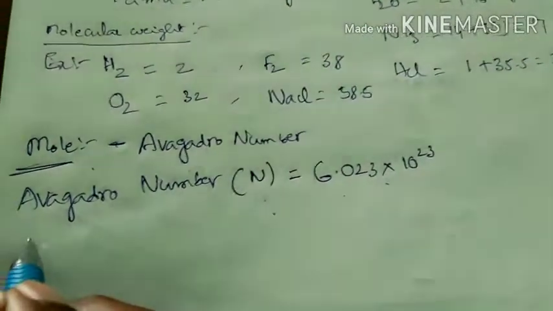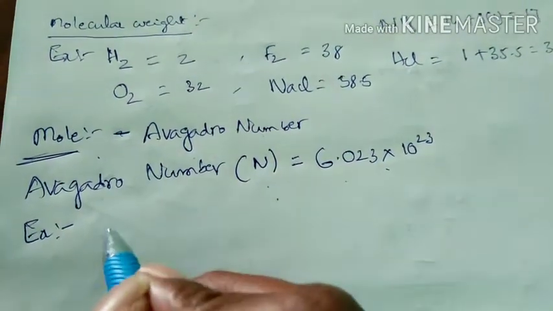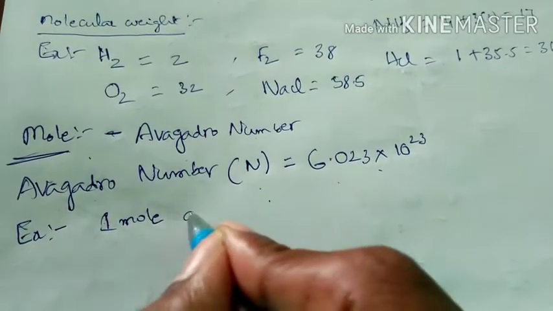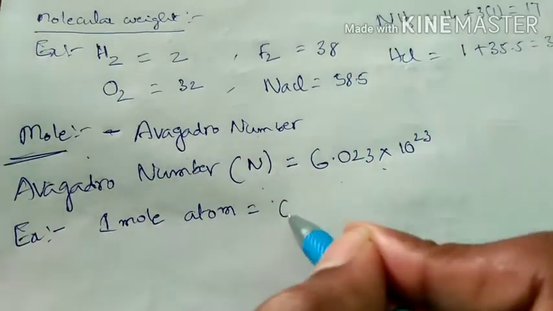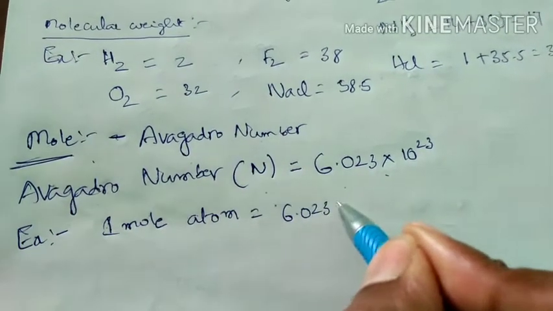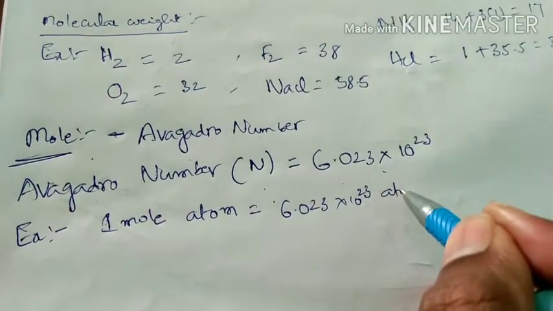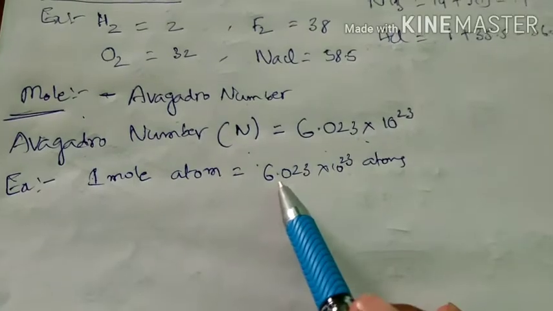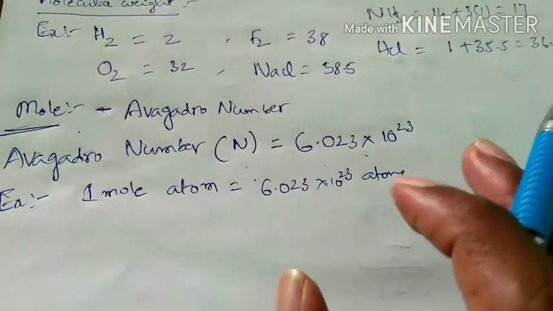If I give an example, then you will get some idea. For example, 1 mole of atoms is equal to 6.023 into 10 to the power of 23 atoms. For example, 1 dozen is what? 12.